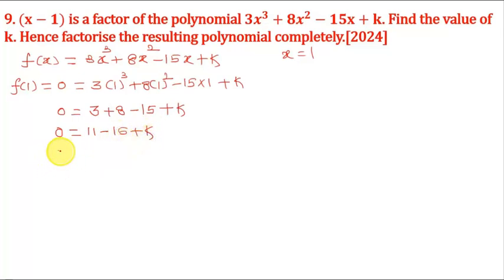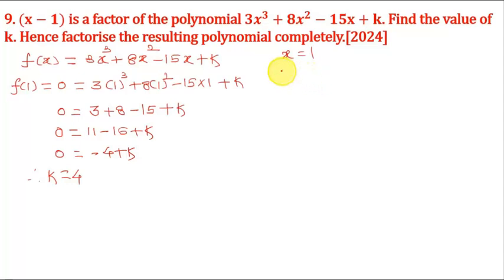Therefore, that's equals to minus 4 plus k, and hence k is equals to 4. Okay. Now next we will find out the second factor. Here the value of k is 4.